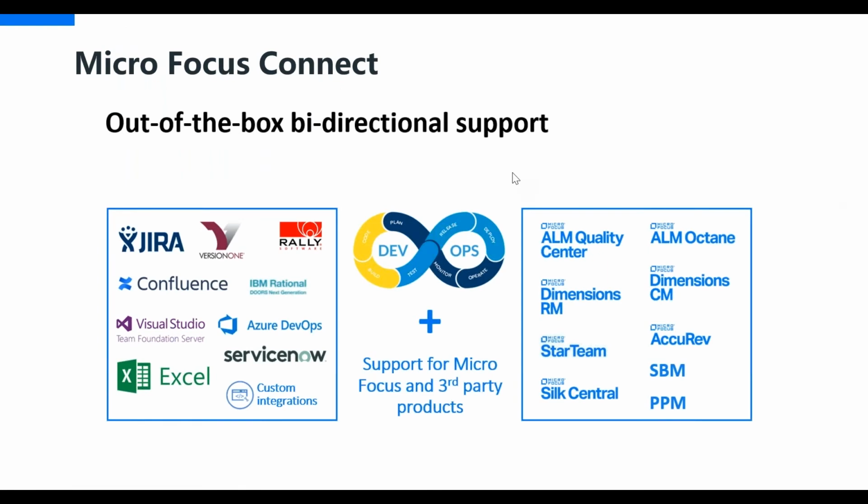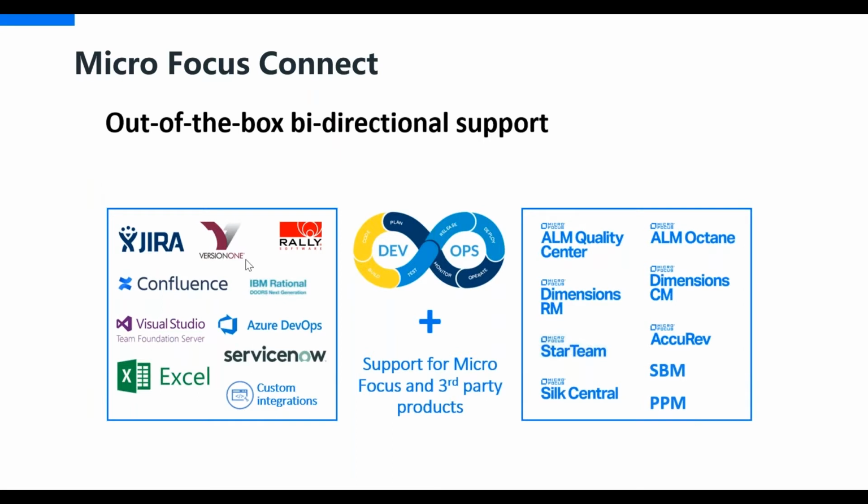So Micro Focus Connect is a product that provides consolidated view to set up synchronization between different tools or products. In other words, it is a data synchronization technology that provides data and relationship synchronization between products across the software development or DevOps lifecycle. It is available as a utility.